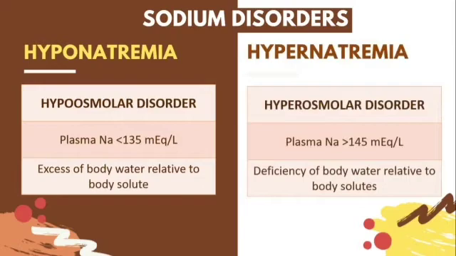This is when plasma sodium concentration reaches greater than 145 milliequivalents per liter and is characterized by a deficiency of body water relative to the body solutes. Now, please click on the table to go to the discussions of each type of sodium disorder.